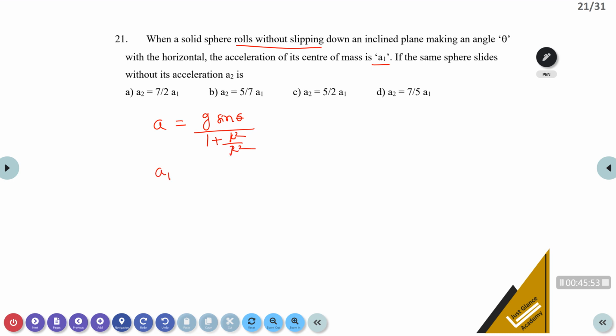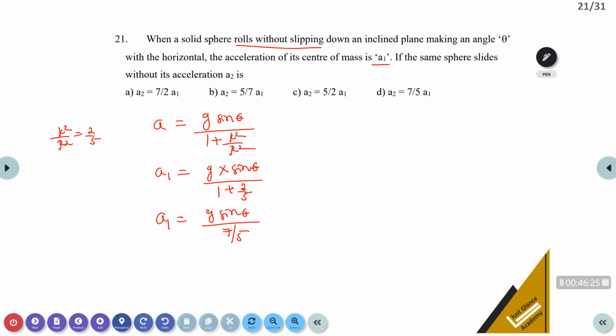The angle has not been given, so a1 equals g sine theta divided by 1 plus k square by r square. For a solid sphere, k square by r square equals 2 by 5. So 1 plus 2 by 5 is 7 by 5.